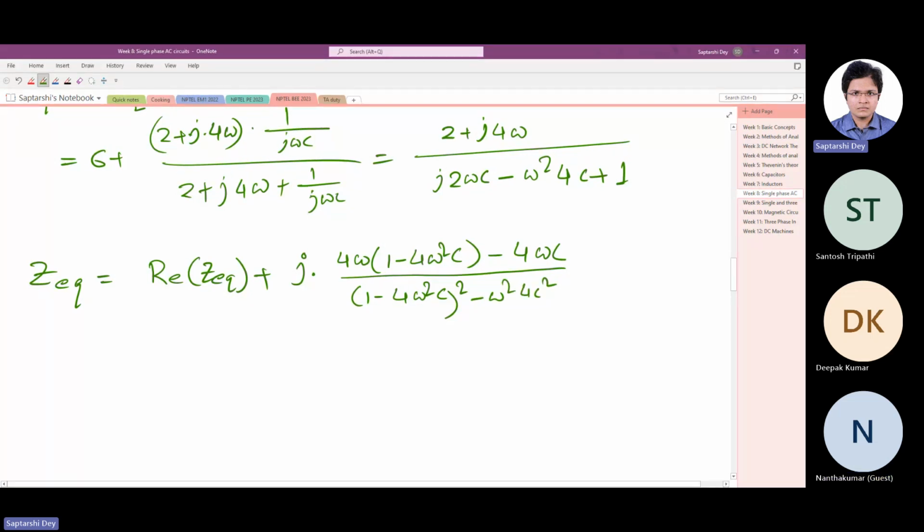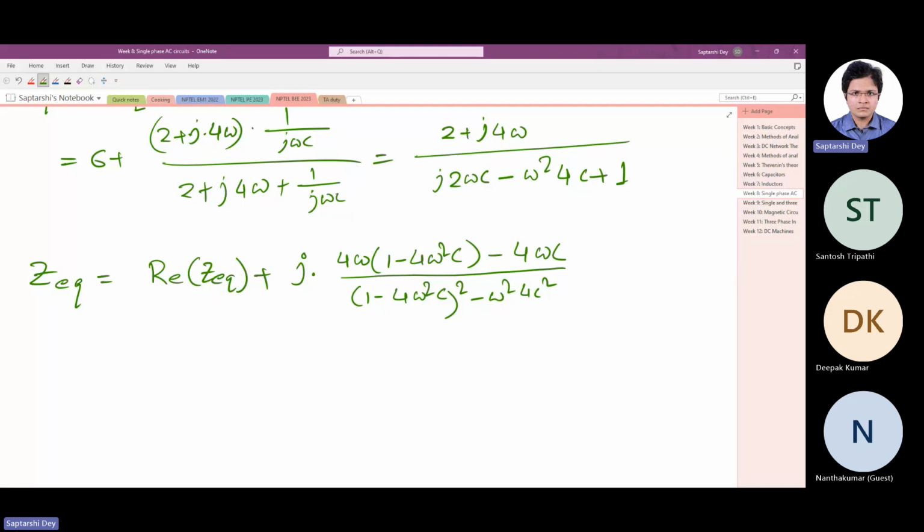So this is the equivalent impedance of the circuit when there is a capacitor. Now we have been asked to find out the value of the capacitor when the circuit resonates. How much value of capacitor should I put so that the circuit resonates at 100 hertz? So what happens during resonance at a given frequency?